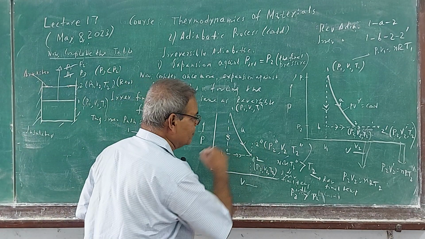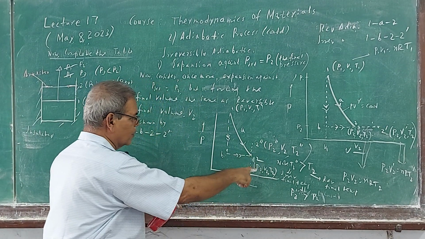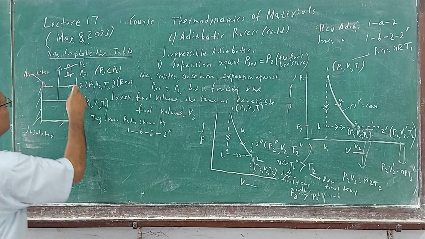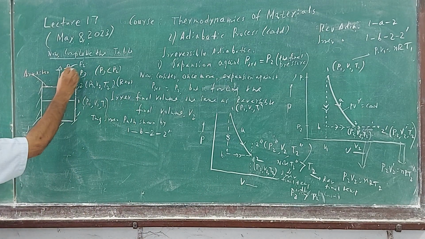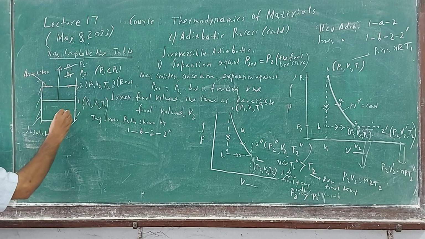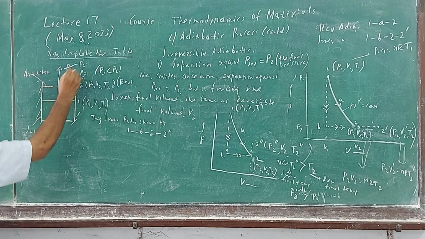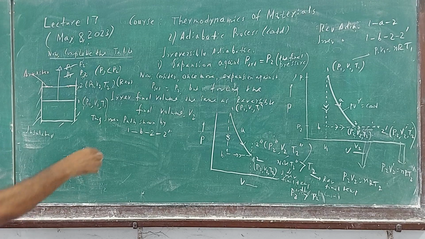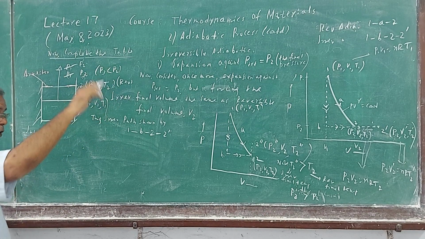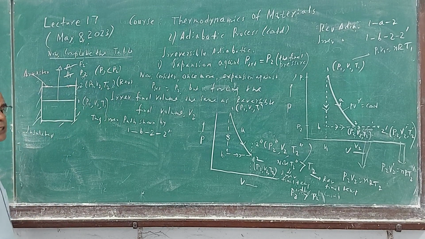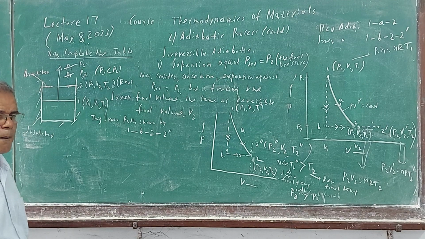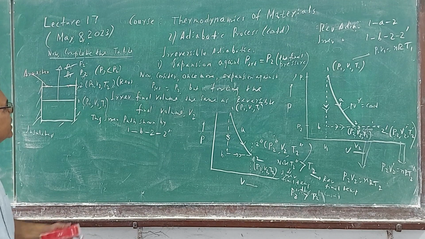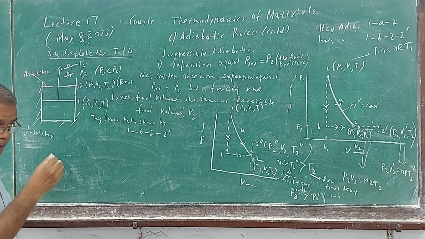P2 minus P1 here, and now it is P3 minus P1. Expansion pressure has decreased actually. Even more finite driving force. P3 less than P2. Happy? So greater degree of irreversibility.